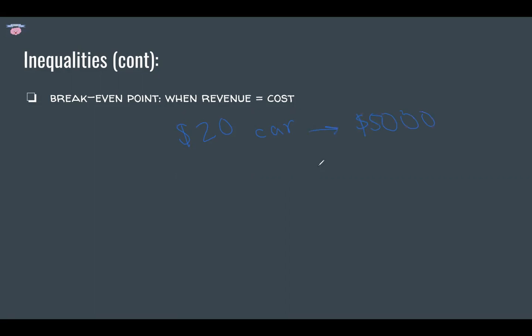Well, it cost me $5,000 to make 250 cars. And I sell cars for $100 each. This is extremely exaggerated. How many cars do I need to sell to get to the break-even point? And if you notice, you only need to sell 50 cars out of the 250 cars you made. That's overpricing your cars.